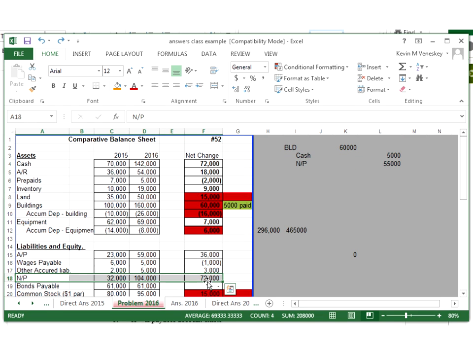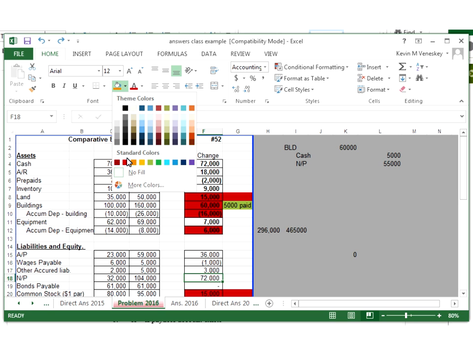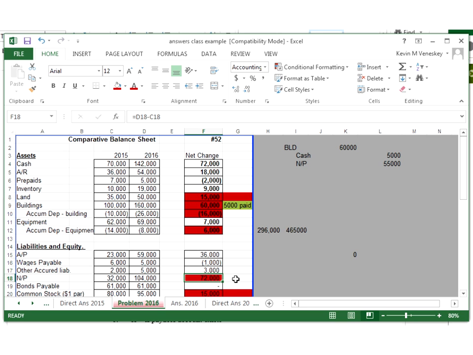So I look down to my note and I see, there's $72,000. So obviously some of my note is being affected here. Some of my note was on a building, which didn't involve cash. So of the 72, I've now explained where 55 of that came from, and it didn't come from cash.